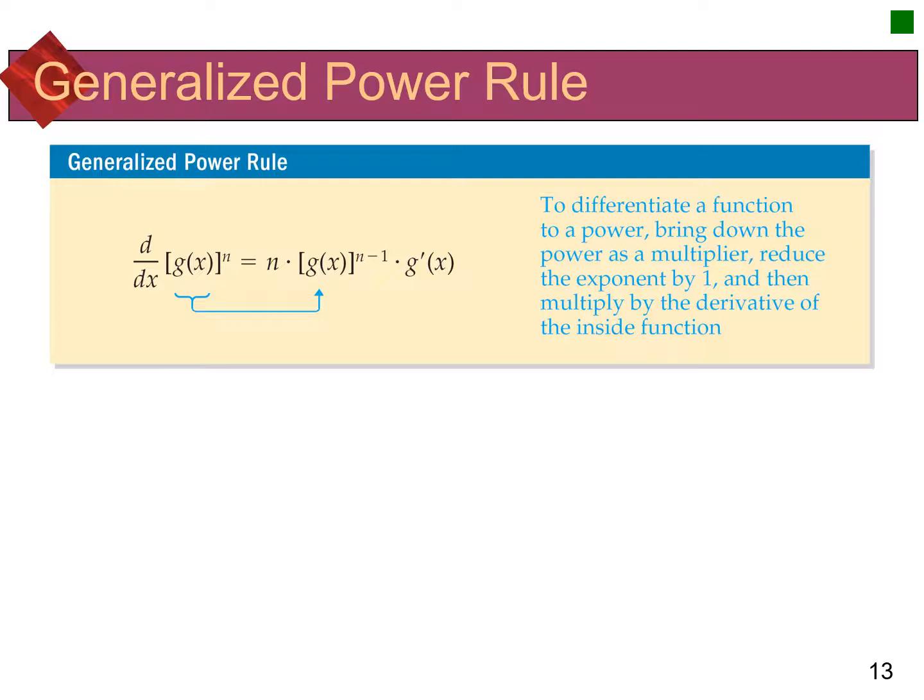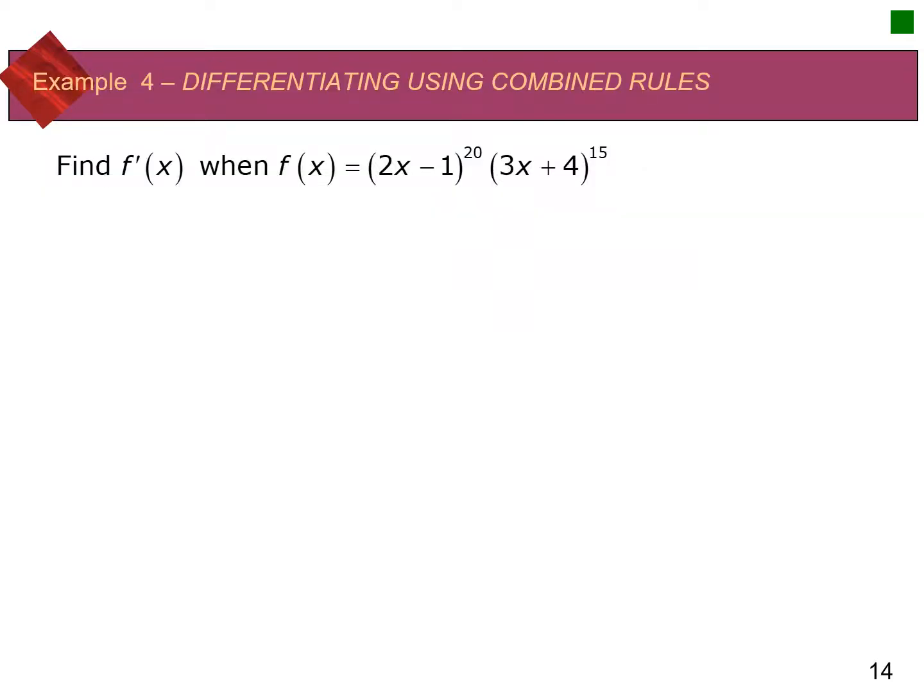So in this next example, I'm showing an instance where I'm going to be doing f prime of x, given that f of x equals 2x minus 1 to the 20th power times 3x plus 4 to the 15th power. Now again, to do 2x minus 1 to the 20th power would take some considerable time and create a very long expression that would be very clumsy to work with.